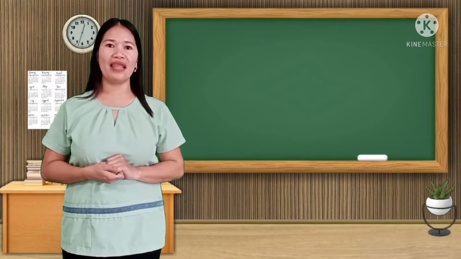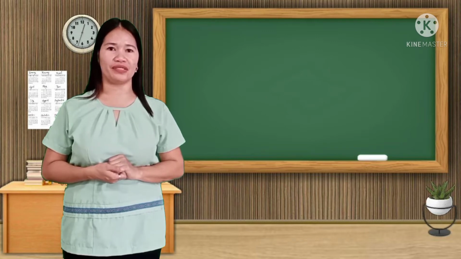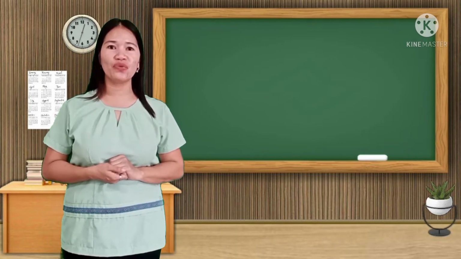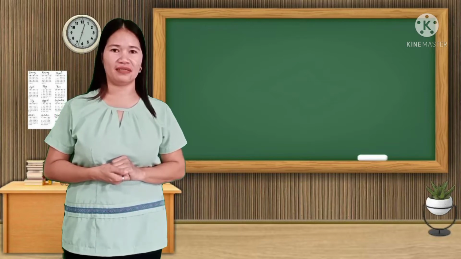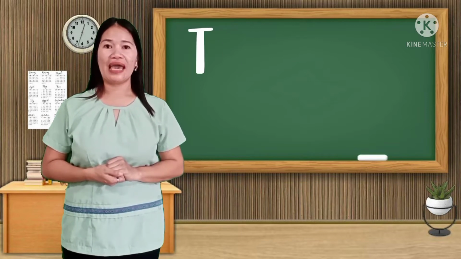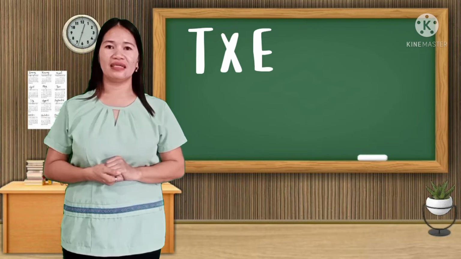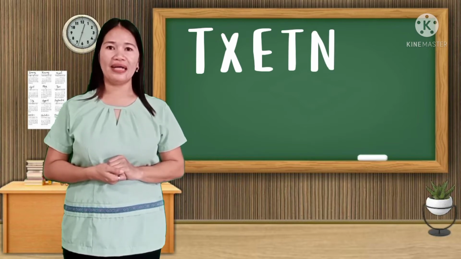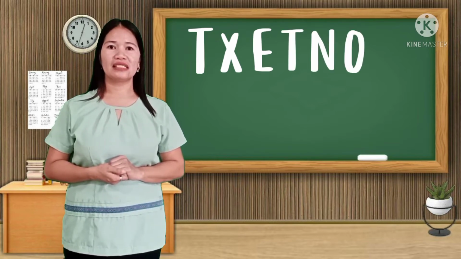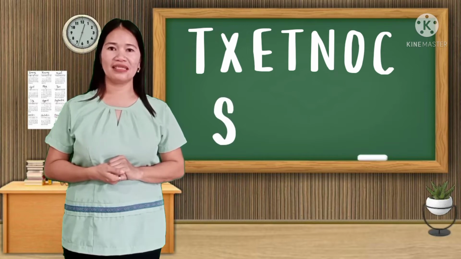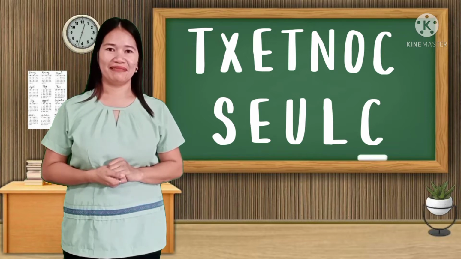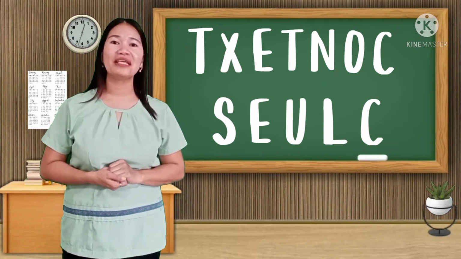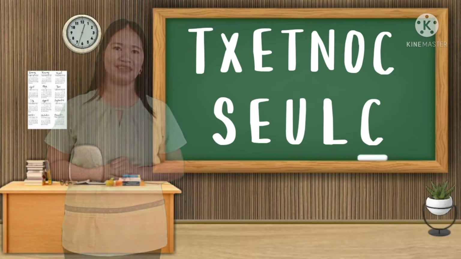I have jumbled letters for you to form into words. Figure out the two words that can be formed by arranging the jumbled letters. E, X, E, T, N, O, C, S, E, U, L, C. What words are formed from the jumbled letters?